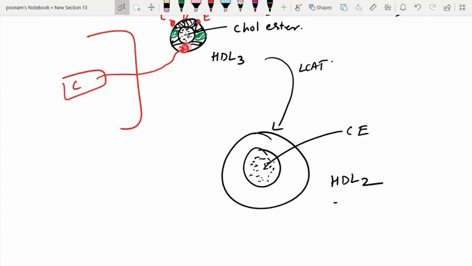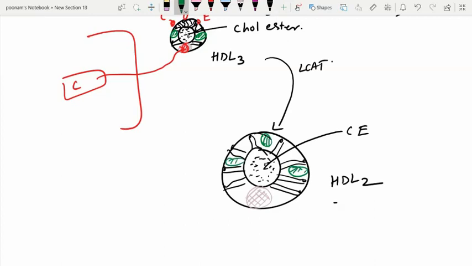Now if I talk about HDL2, this also has the phospholipid in the shell, and of course the lacuna, because whatever cholesterol is coming here is modified to cholesterol ester and moves to the core section. In addition to this lacuna, the shell of the HDL has the phospholipid and the free cholesterol scattered like this.